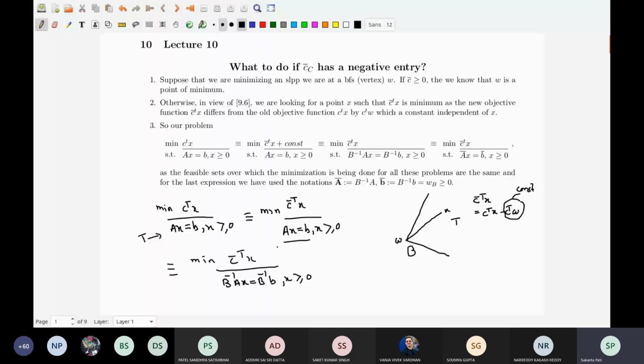No. They are the same. Whenever X satisfies Ax equal to B, by multiplying by B inverse, it will satisfy B inverse Ax equal to B inverse B. And if there is an X that satisfies B inverse Ax equal to B inverse B, then that will also satisfy Ax equal to B. X greater than equal to 0 is common.